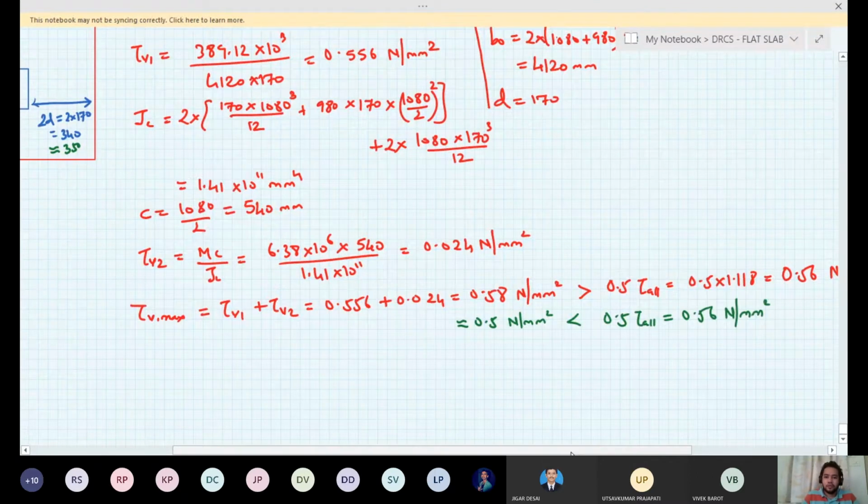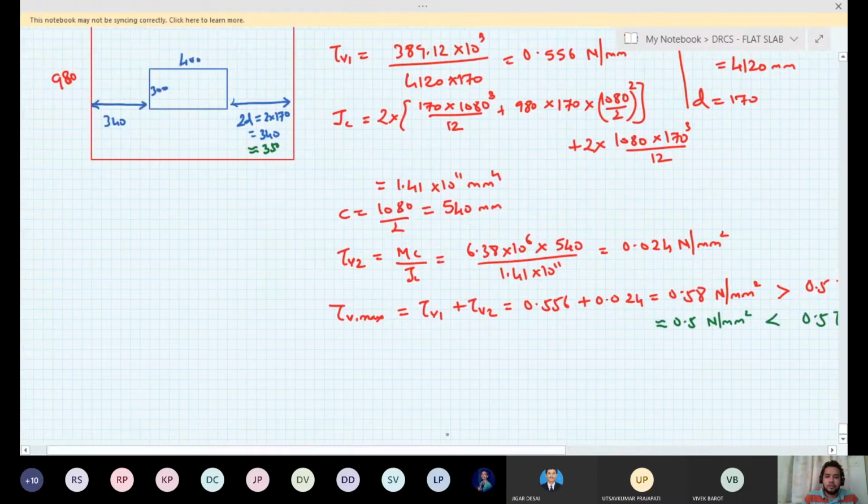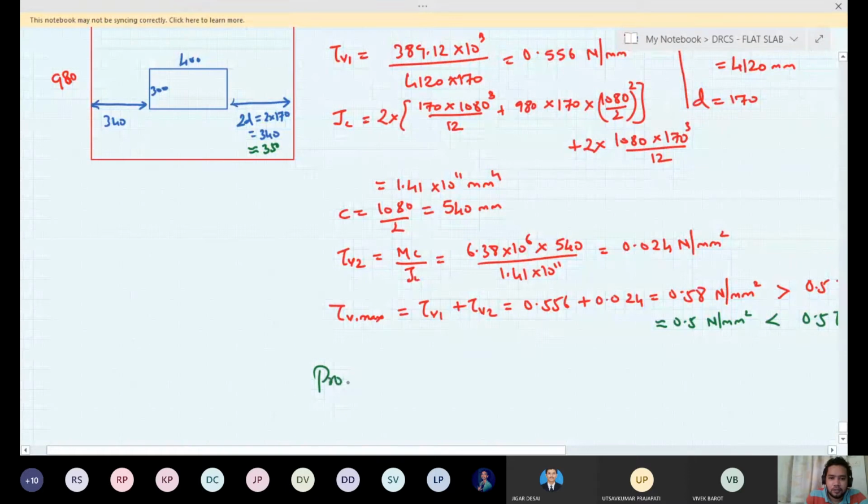So what we will do, we will provide the shear reinforcement up to 350 mm on each side of the column face. So provide shear reinforcement up to 350 mm instead of 340.